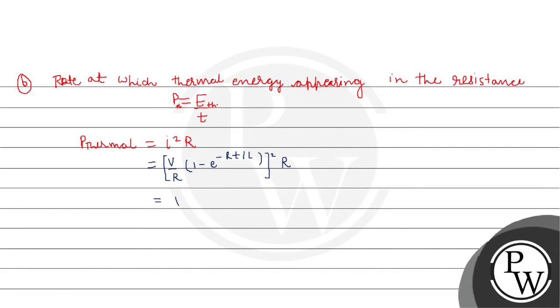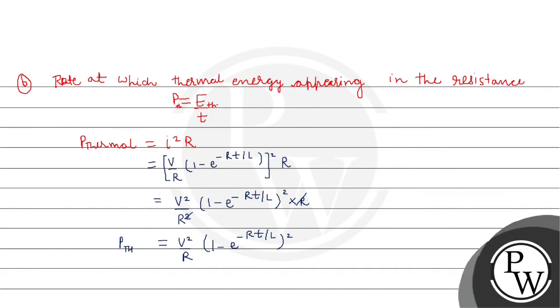So on solving, this is v square by r square 1 minus e to the power minus r t by l whole square multiplied by r. So एक r से ये वाला r cancel, so this is v square by r 1 minus e to the power minus r t by l whole square, and we know the value of v, r and t.